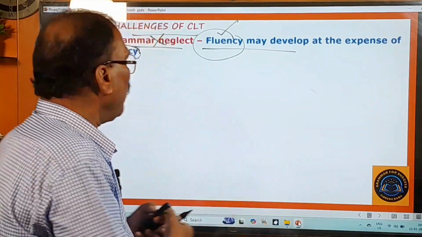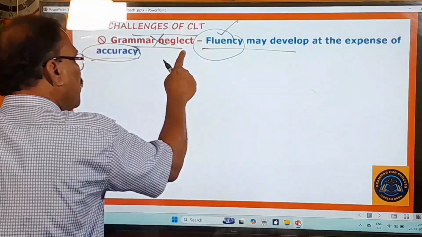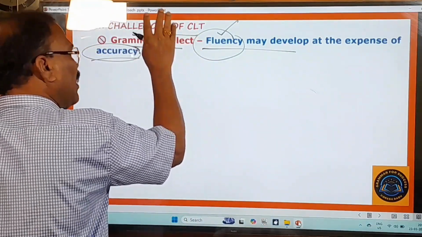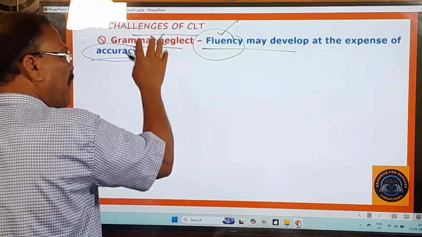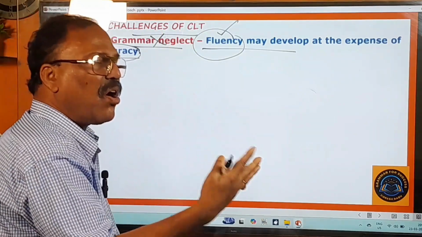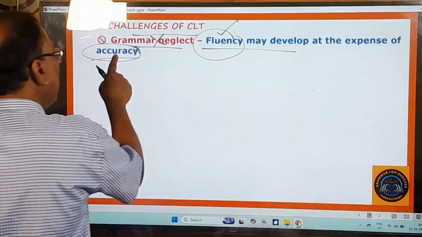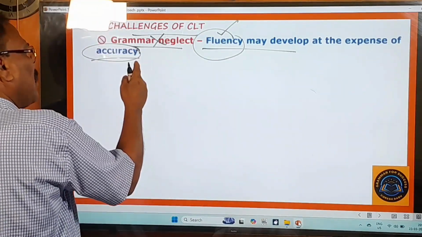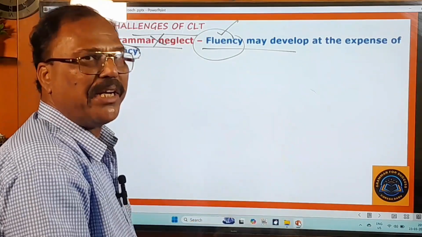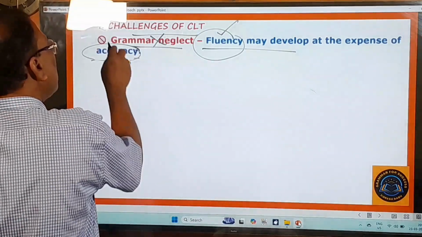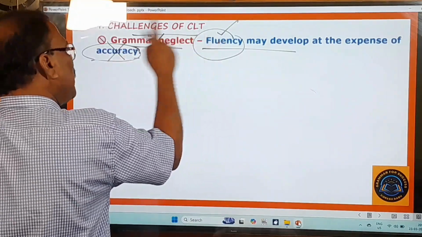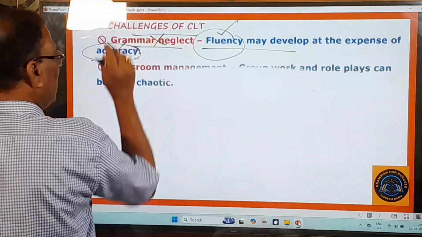That's why in this CLT approach, grammar is totally neglected. Grammar is not given proper weightage or importance. So you can get fluency, but you may not get accuracy. Accuracy means language without grammatical mistakes. This may be there, but that may not be there, right? That is the first disadvantage.